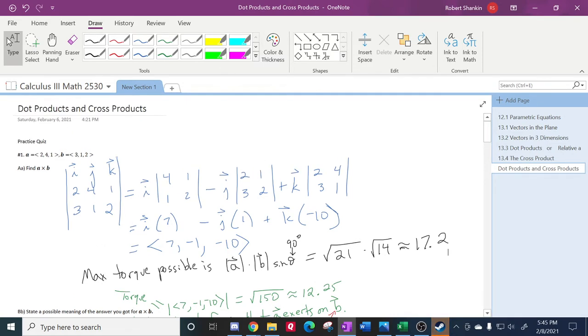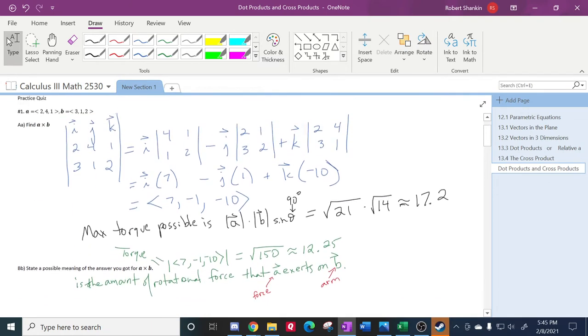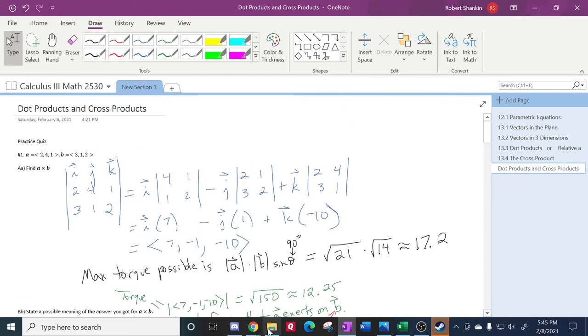Now, it's hard to visualize in 3 space, but let's take a quick 3D image.